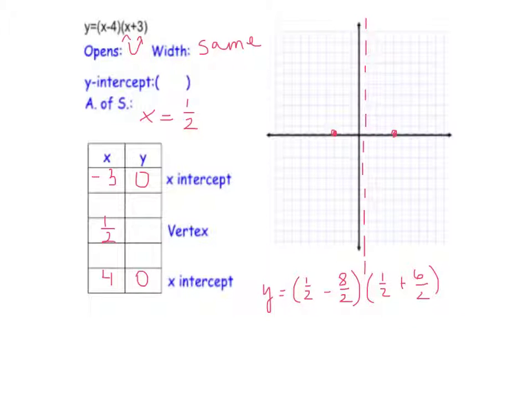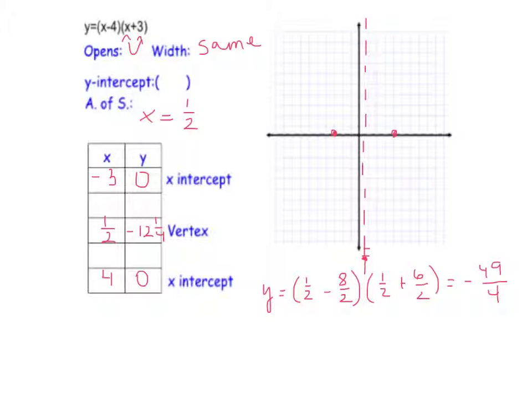So if I multiply them together, I get negative 49/4, or negative 12 1/4. This point will be slightly out of my graph. So here is negative 11, negative 12. So negative 12 1/4 will be approximately there.